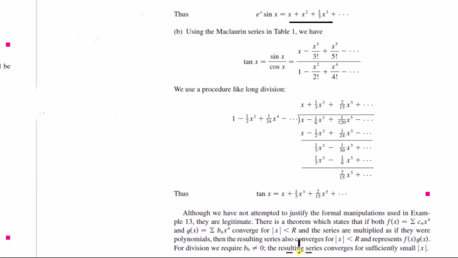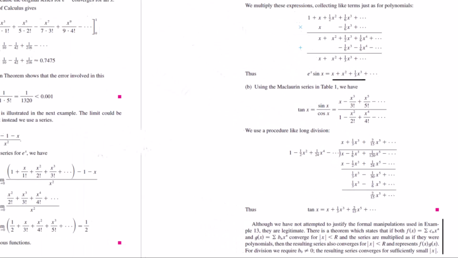But if you meet that requirement, then the resulting series converges for sufficiently small x values. So this paragraph is kind of ambiguous, but I think it gives you some direction if you want to do further research on the resulting radiuses of convergence after you multiply or divide power series. Okay, let's work some example problems.